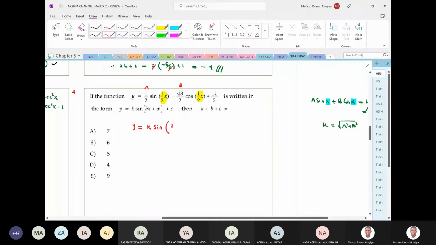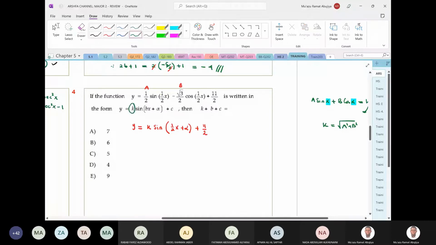So we have sine of 1 over 2 x plus alpha. Now we have an extra term. Because of this extra term, we can put it as it is. We don't have anything to do with the extra term. That has to do with the vertical translation, shifting up or down. So now we have good news. What is the good news? Observe that we are looking for k.